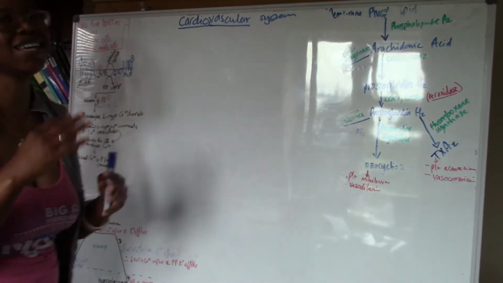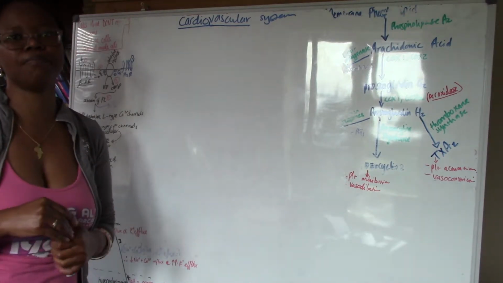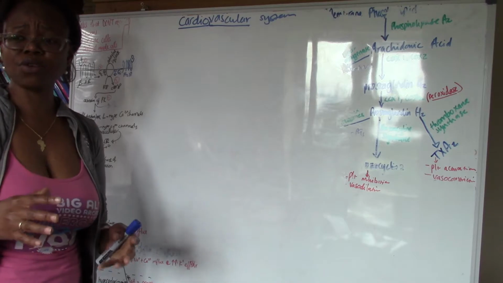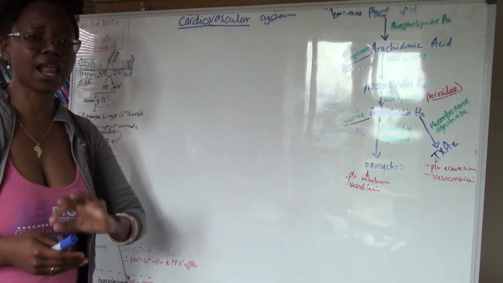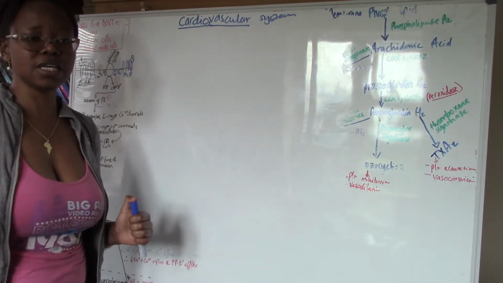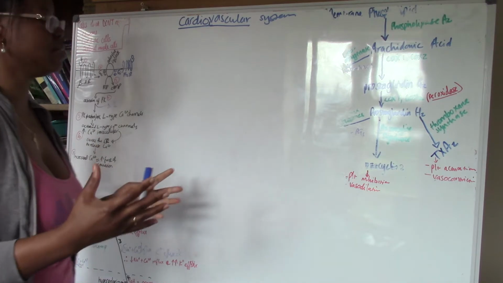The endocardium is the innermost layer, and it is lined by the endothelium. The endothelium, we all know, is nice and smooth, and it allows for easy and smooth flow of blood within lumens.